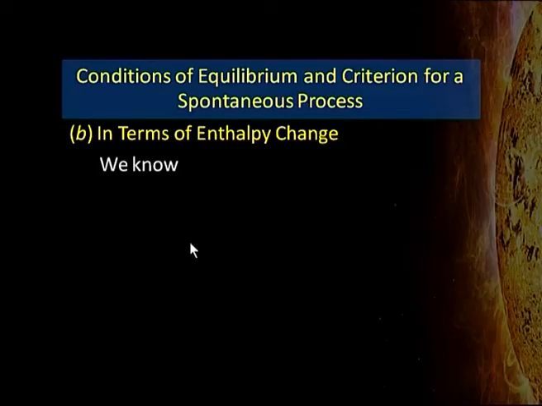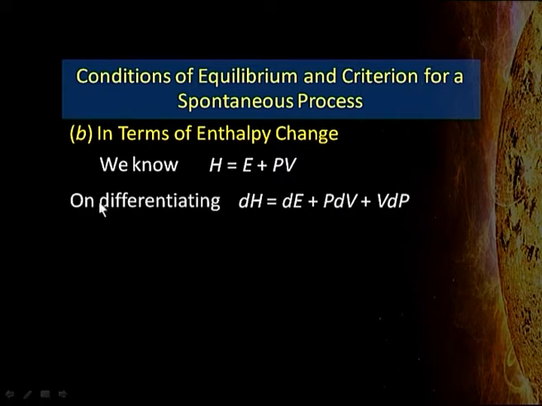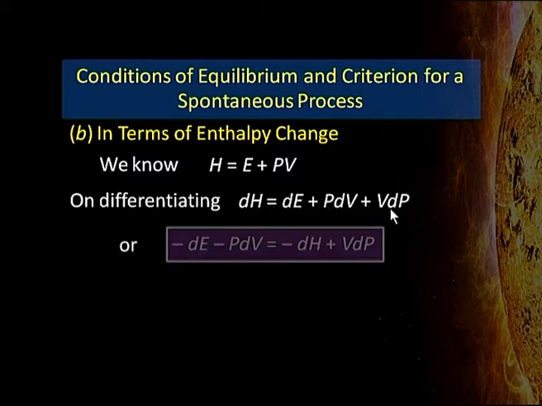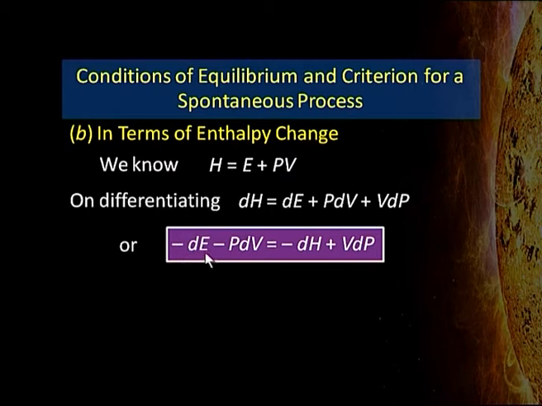Now, we will discuss the conditions of equilibrium and criteria for spontaneous process in terms of enthalpy change. As we know that H is equal to E plus PV. On differentiating this equation, we will get dH equal to dE plus PdV plus VdP, or dE plus PdV equal to dH minus VdP.